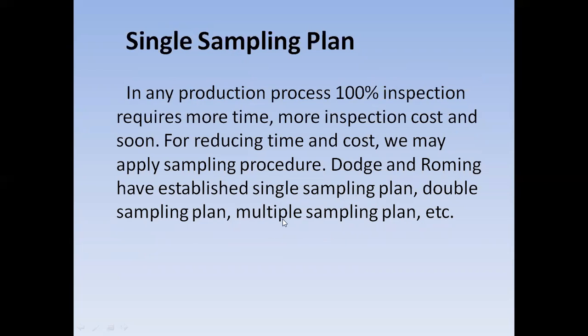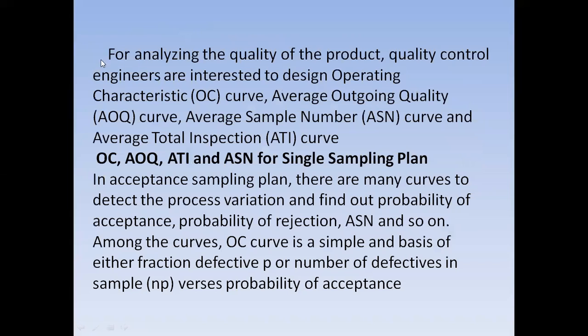Today, we discuss single sampling plan. For analyzing the quality of the product, quality control engineers are interested to design the operating characteristic OC curve, average outgoing quality AOQ curve, average sample number ASN curve, and average total inspection ATI curve.